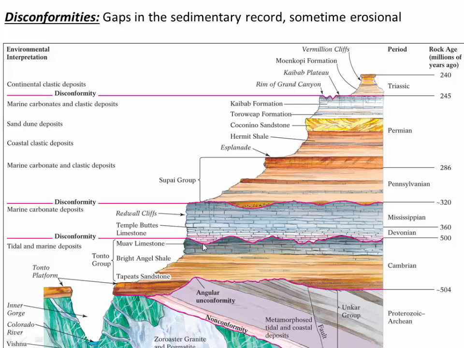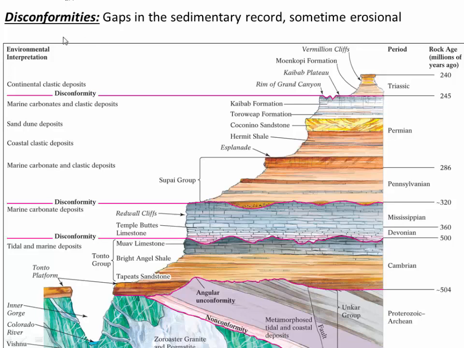And there's some missing time right here. This is a period of time when either sedimentary rocks weren't being deposited, or if they were being deposited, maybe there was an erosional event that actually removed part of the stuff that had originally been deposited and then put down new material on top of it.